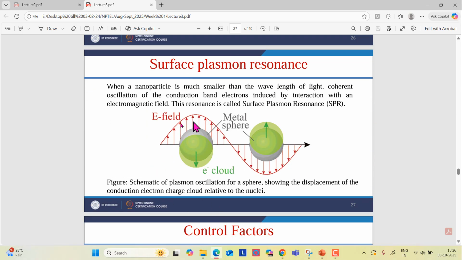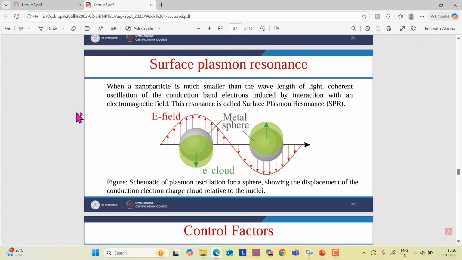So this is the surface plasmon resonance. When a nanoparticle is much smaller than the wavelength of light, right? The incident light is the electromagnetic wave also. So coherent oscillation means the oscillation of the incident wavelength of light and the electrons is in synchronization.